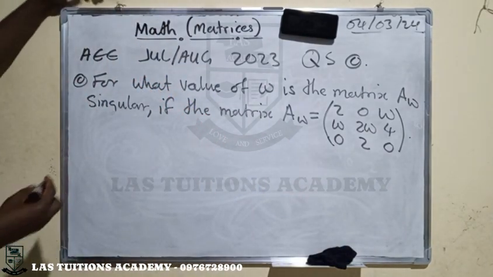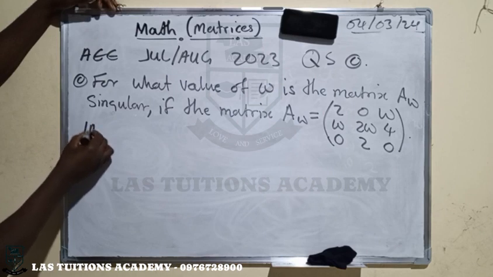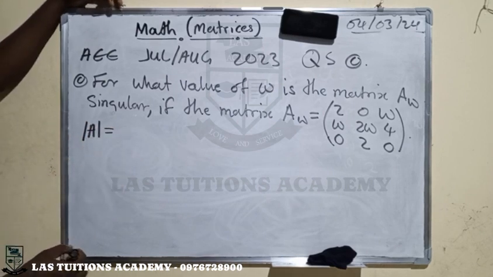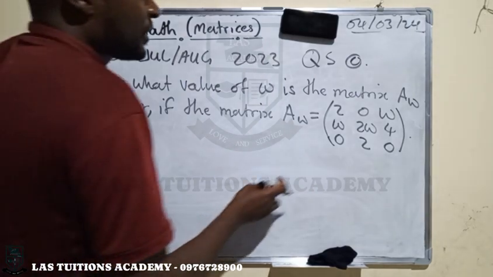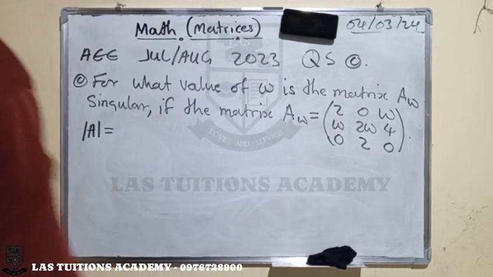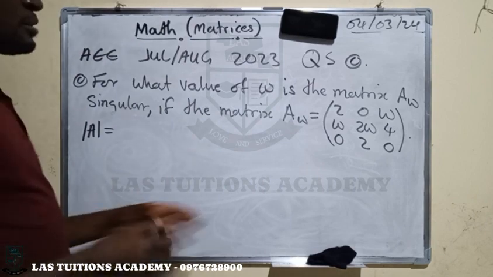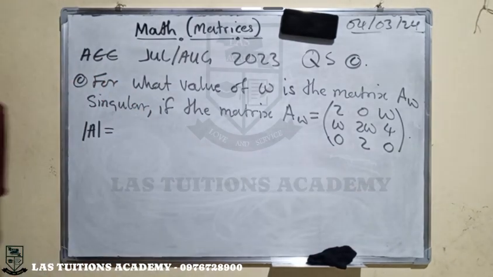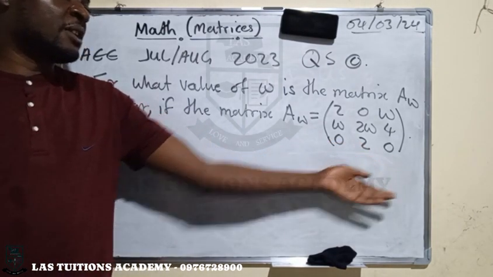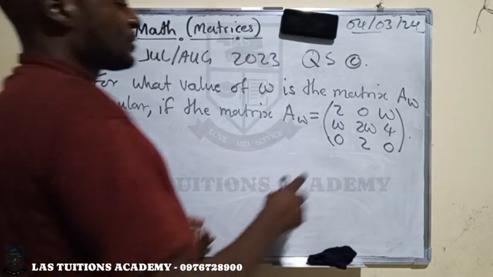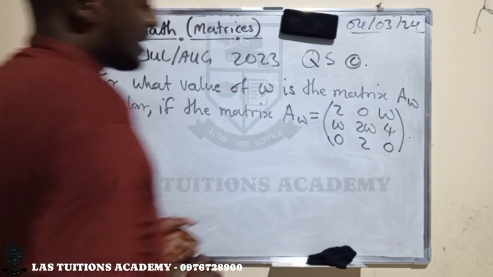So the determinant of matrix A is equal to, okay, we can use the last column because it has a lot of zeros. Zeros are going to cancel things out, because when you multiply by 0, you get a 0. So the last column is much better.